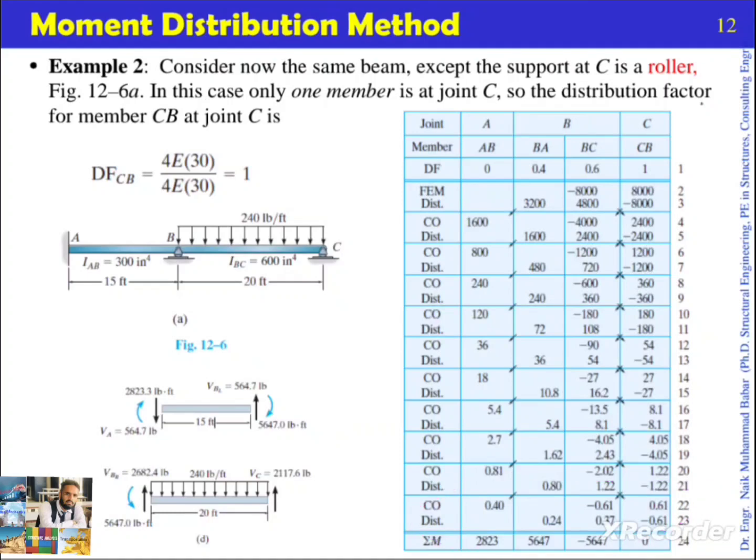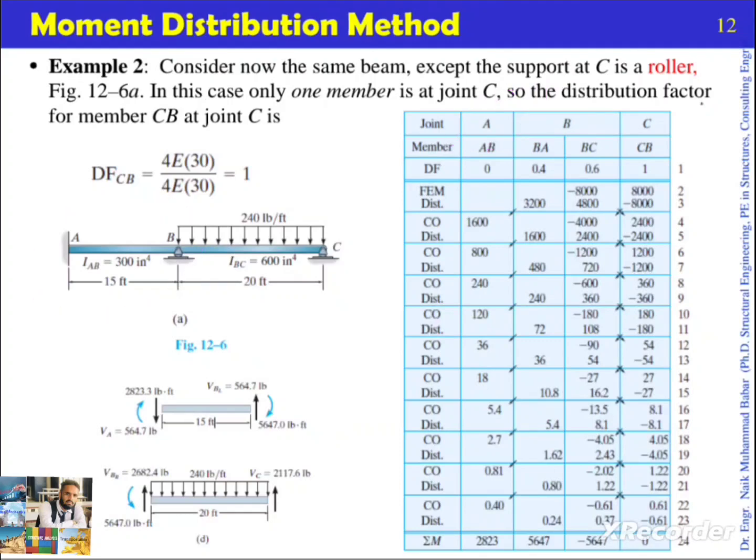First we will make a row of joints. There are 3 joints: A, B and C. At each joint there is a member attached, so the second row is the member. At joint A there is only one member attached, AB.